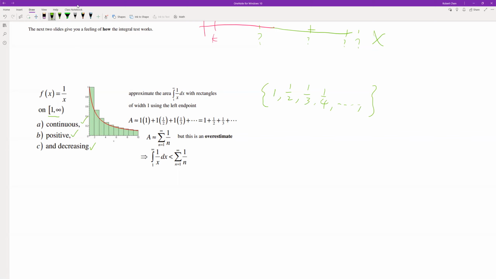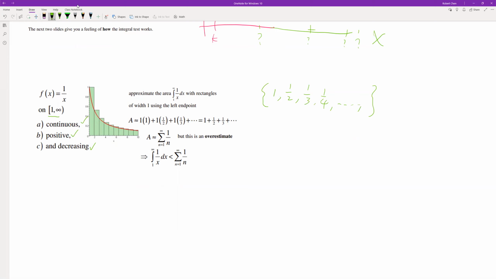Here's something to show you a great idea: when we add up the little rectangles here, it's an overestimate of the integral for 1 over x. This is the right sum, Riemann sum, but we are not going to worry about this case.